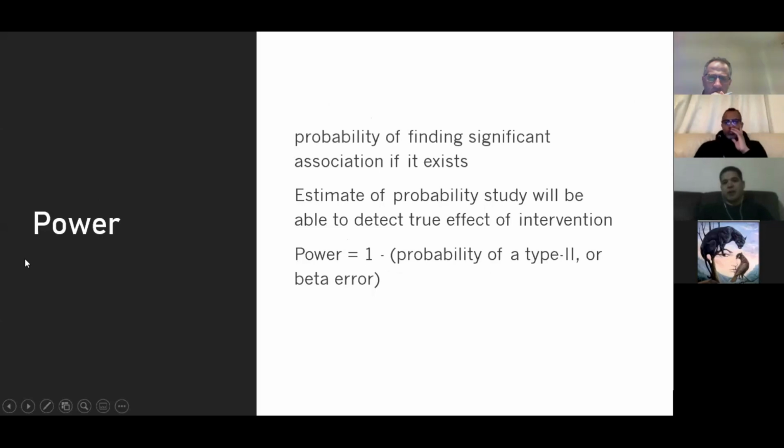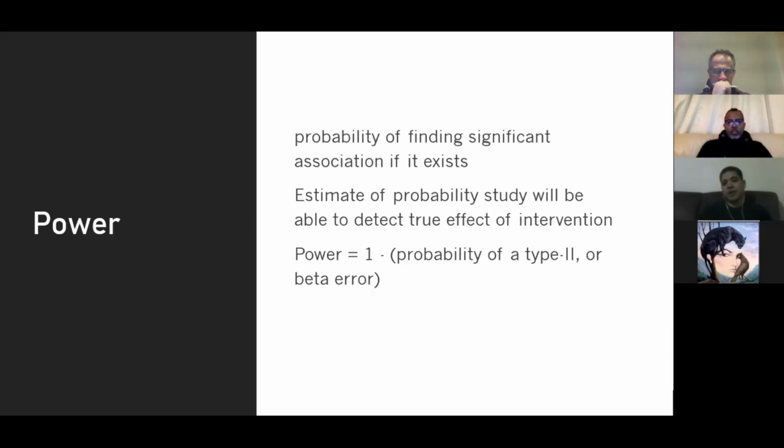Next is the power, which is the probability of finding a significant association if it truly exists. For example, if you have a drug or medication, a treatment for osteoarthritis, and you compare this medication against placebo or nothing, you measure how much significant association or change happens with your new drug.